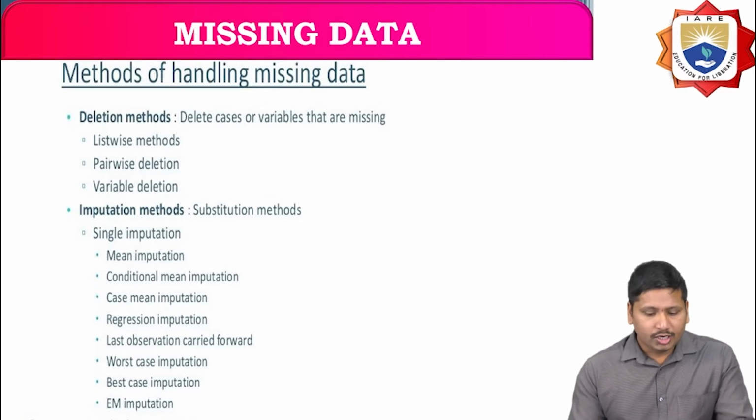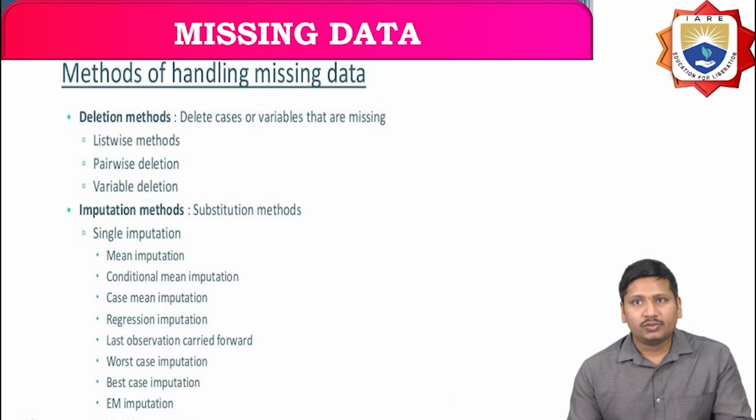Right. So what are the different types of deletion methods here? Deletion methods are nothing but deleting the cases or the variables if you identify the missing data. For that we are having listwise deletion, pairwise deletion and variable deletion methods. And imputation methods are nothing but substitution methods. There are different types of imputation, like single imputation and multiple imputation.